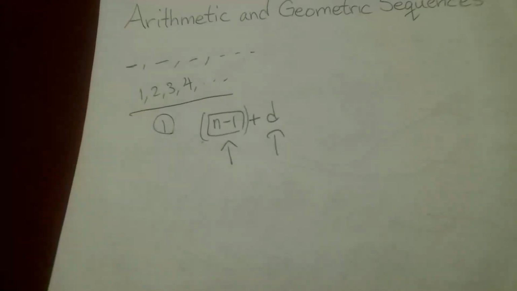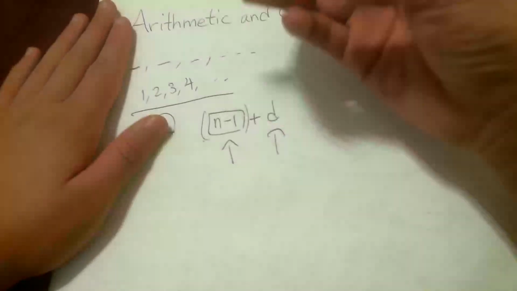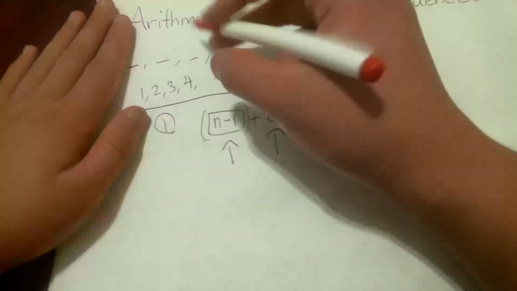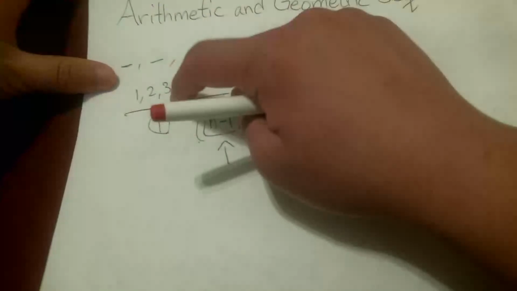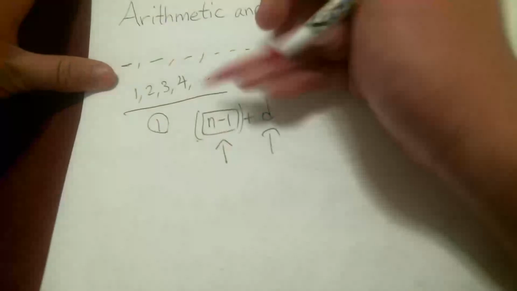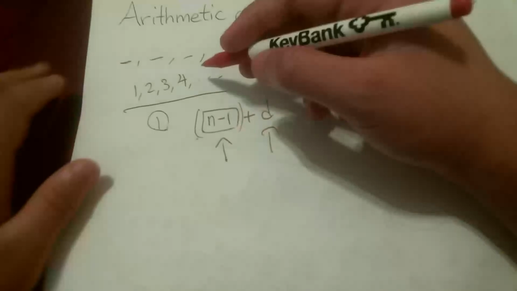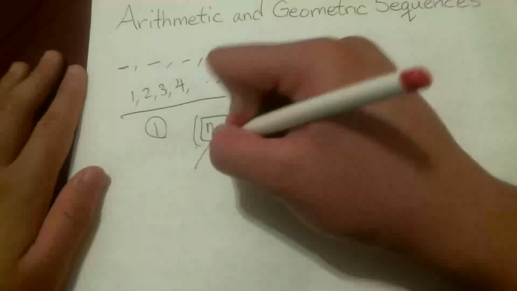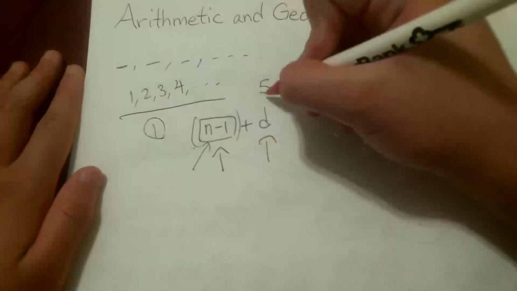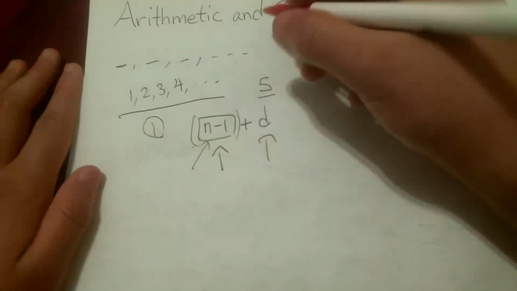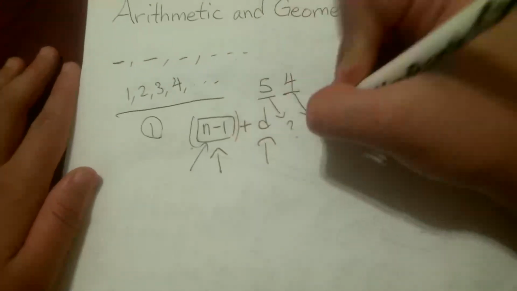And this right here, like I said before, is the term beforehand. So if we wanted to find the fifth term here, we would plug in the last term, which is the fourth term, which is given here as 4. This is the fifth term, this is the fourth term. The fifth one we don't know, but the fourth we know is 4.